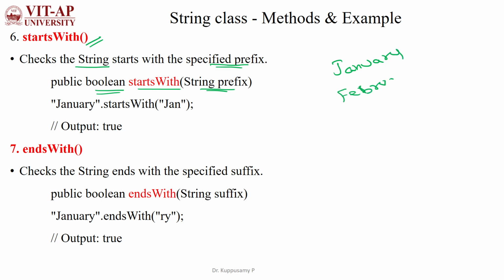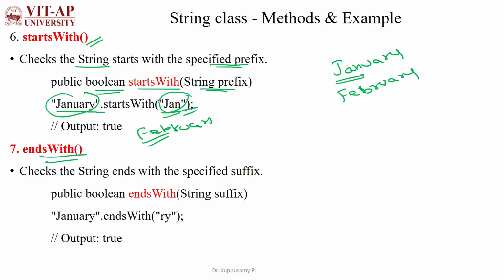In this it will check only whether the string starts with whatever prefix we are giving. So here we are checking January starts with jan, it will return true or false. If you give February starts with jan, then it will return false, because there is no jan in the prefix.